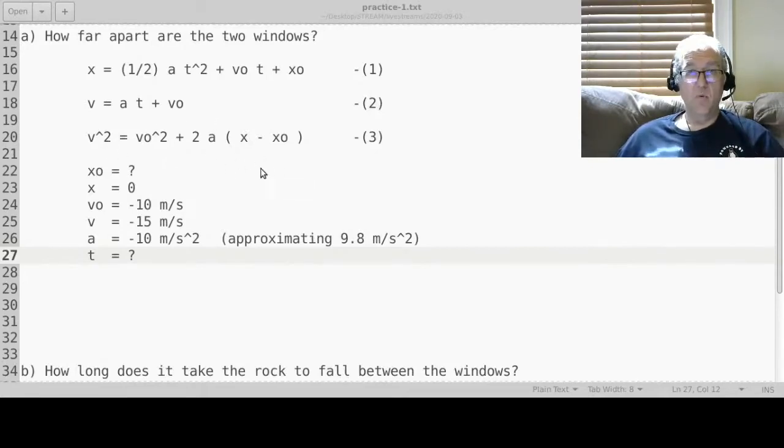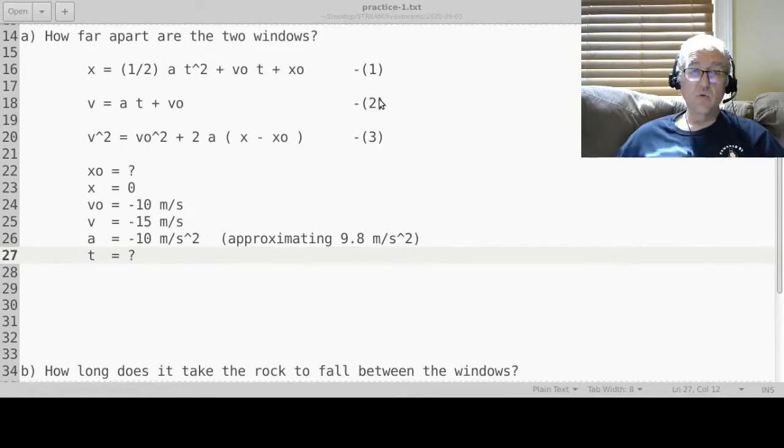It's pretty obvious that it's equation number 3. Once you've done a few of these problems, you realize that equation number 3 is the equation without time. If you don't know time in one of your problems, that's when you go to equation number 3. So equation number 3 is the obvious one to use because time is unknown. In fact, these 3 equations are not independent of one another.